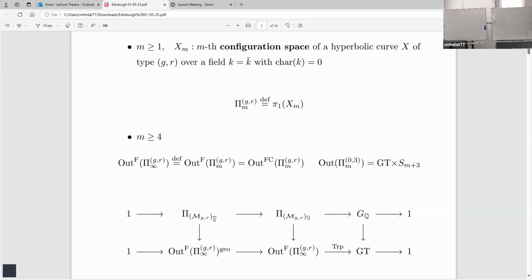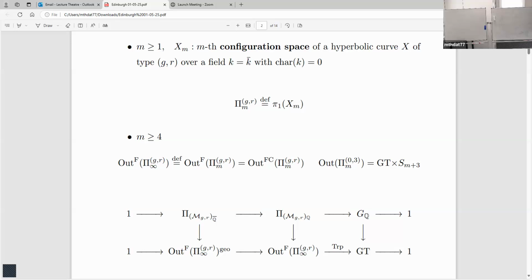So this action arises from the various projections from MGR plus M to MGR, where you order the M additional points. So pi MGR acts on pi one of the fibers of such projections, which are configuration spaces. And this map lands in out F. So that's the map.